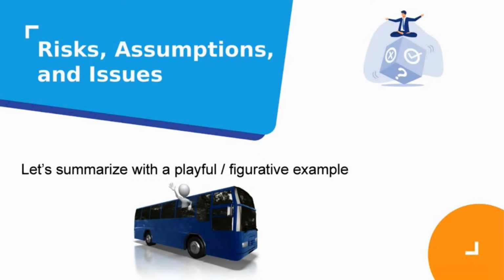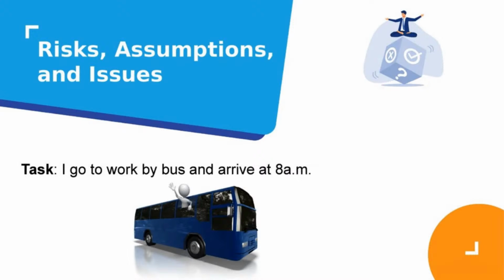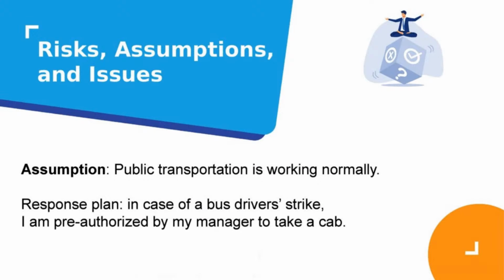Let's try to summarize by thinking about a figurative example. The task is, I have to go to work by bus and arrive at 8 a.m. every day. We have an assumption that the public transportation is working normally. I do not have any control over public transportation. So that's an assumption that the public transportation is working and running normally.